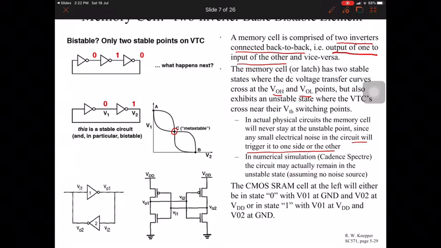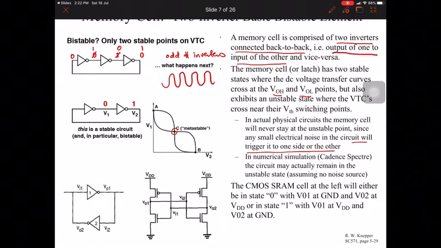So here this is 0, and this will become a 0 here, and this will turn into a 1. So it will always toggle from one input to the other. This only happens when there is an odd number of inverters.